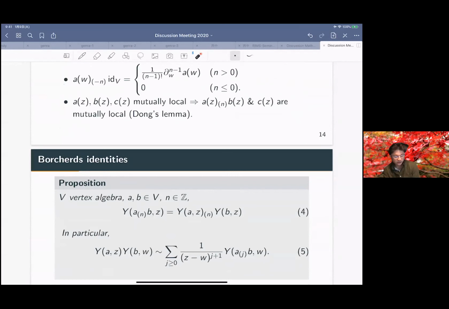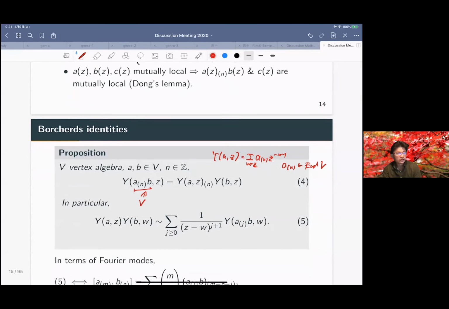The statement is that for a vertex algebra, if you have these operators associated with a_n, where a_n is an element of V, you can think of the corresponding field, and this is simply the nth product of the fields for A and B. This is what Borcherds' identity says.